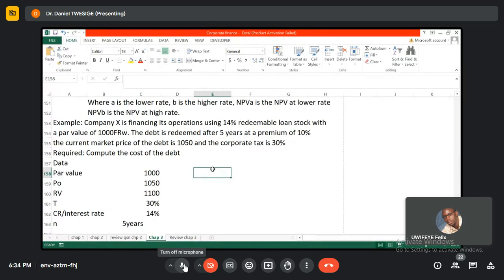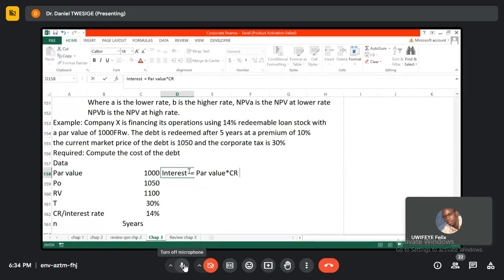Remember what I need to get because it is a redeemable debt: I need to get the IRR of this debt. So first, I'm going to get my interest. What is the interest to be paid on the debt every year? Because we only have 2 or 3 cash flows, our interest is going to be equal to our value, as we said, times our coupon rate.